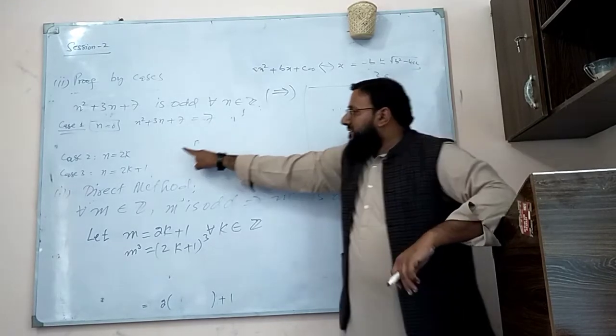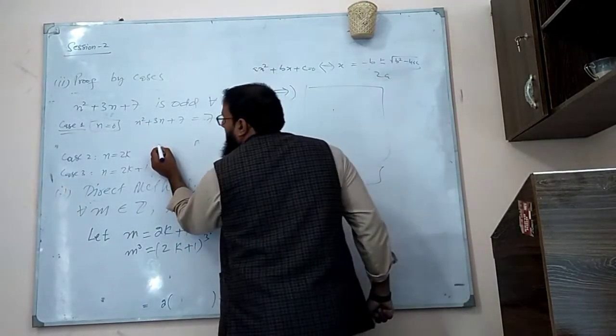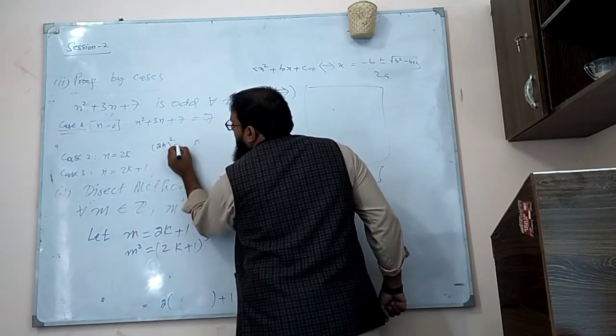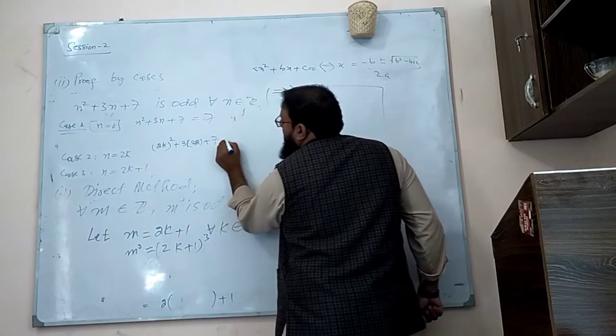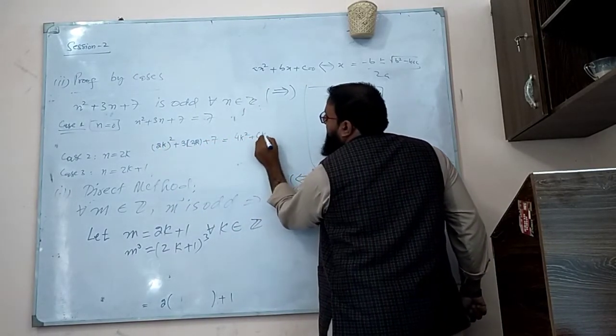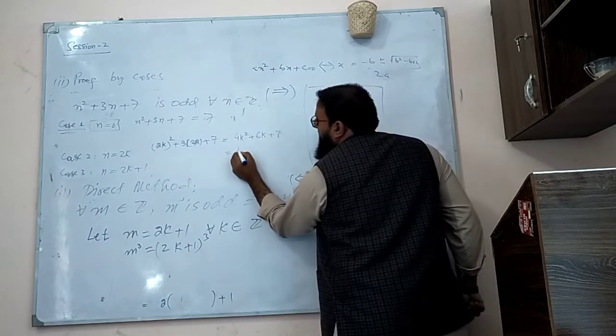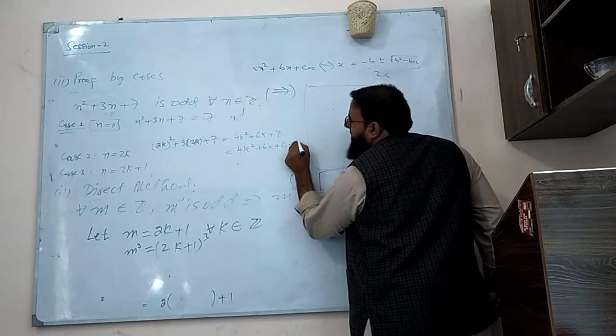Okay? Now you put 2k here. (2k) squared plus 3 times 2k plus 7 becomes 4k squared plus 6k plus 7. You can write it as 4k squared plus 6k plus 6 plus 1.